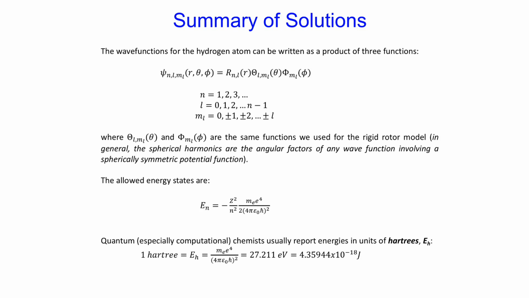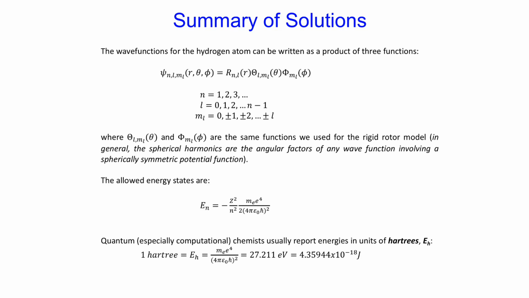This last bit is just a summary of what we end up with when we solve that Schrodinger equation. Right now we've really only set it up. We'll take a closer look at the solutions in a separate video, but just to give you the good stuff right away that you can work with.